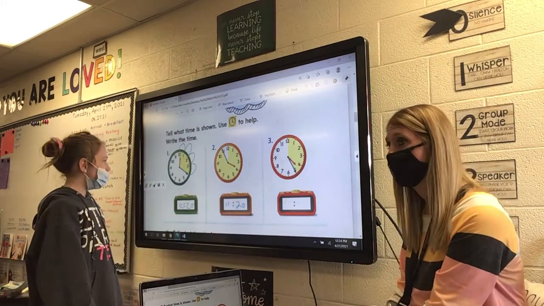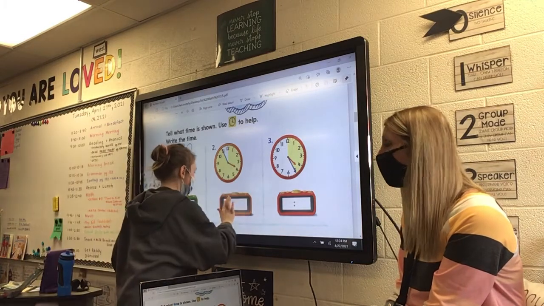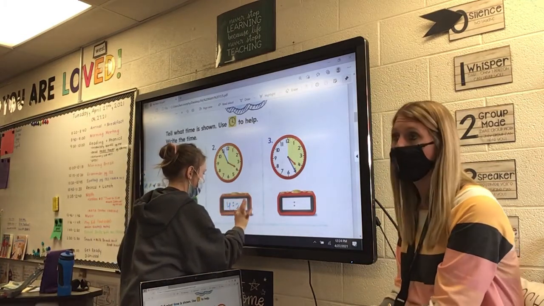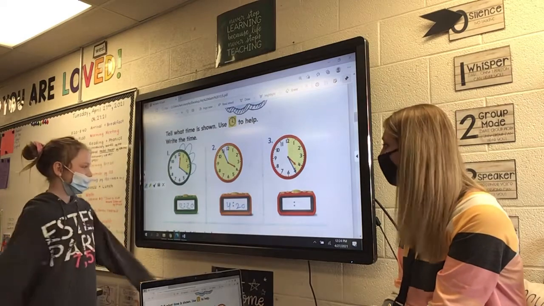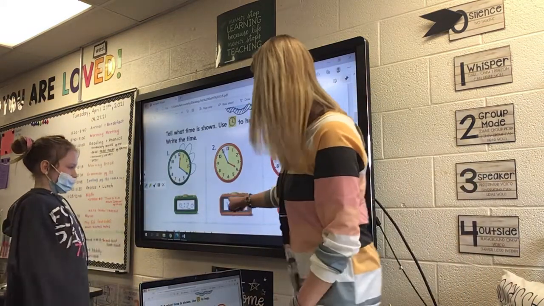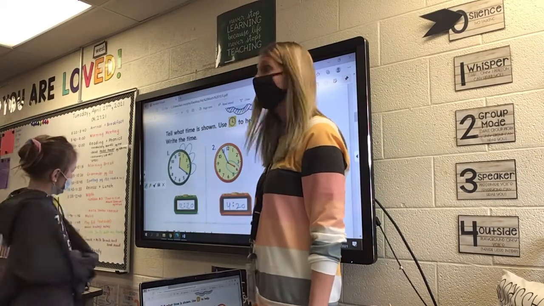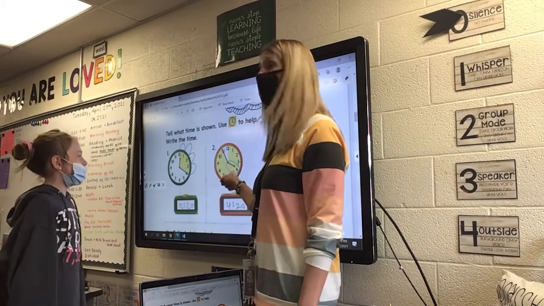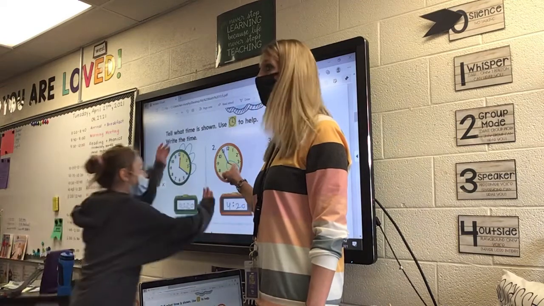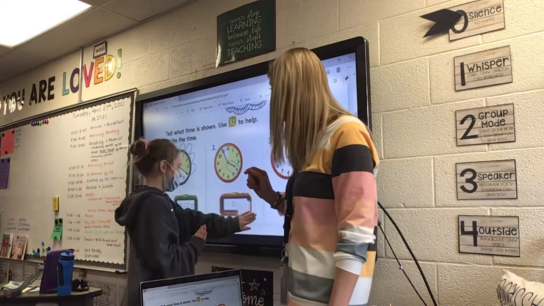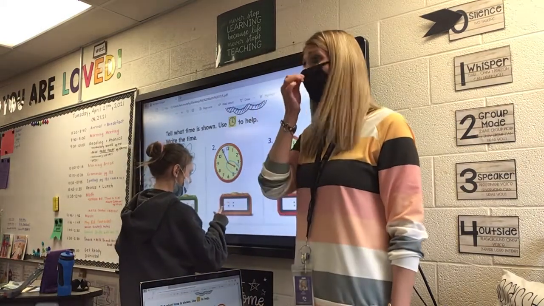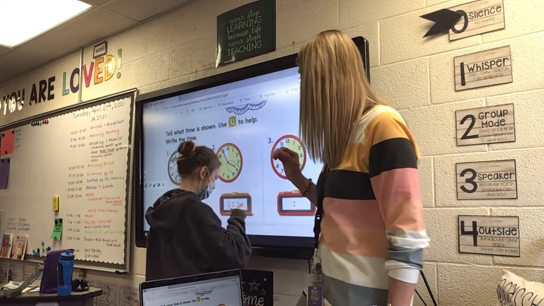Okay, you did the same thing. You switched your hands also. Brooklyn said it was 11:20. Is that right? No. So Brooklyn, this hand is not at the 4 yet. How many of you think this is at the 4? No, it's up to 3. It looks close, but it's not there yet.